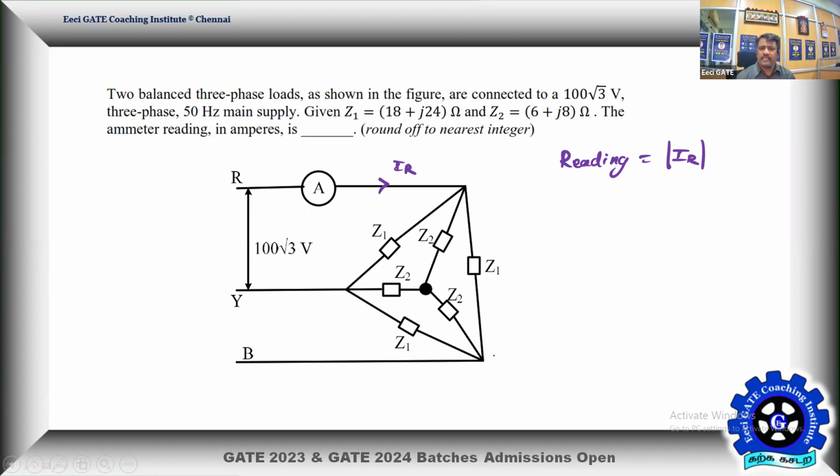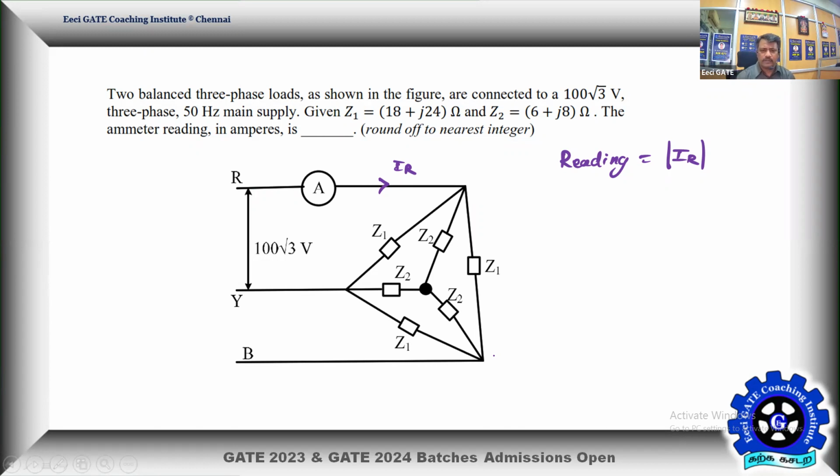But still they are identical in what aspect? The inner star is already balanced, so the outer delta converted to star is also going to be balanced. If that is the case, the star point of the inner star and the outer delta converted to star will have the same potential. That means the same neutral point, both at 0 volts. So you can superimpose them. But physically, you can't connect the two star points.